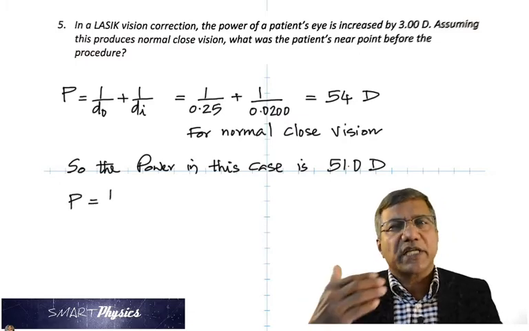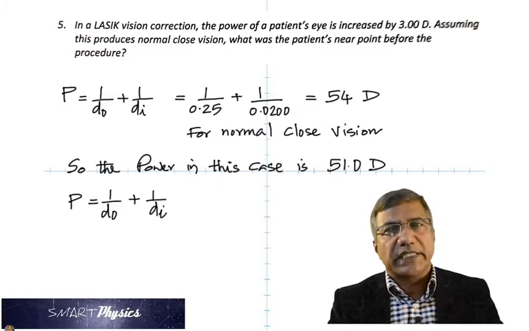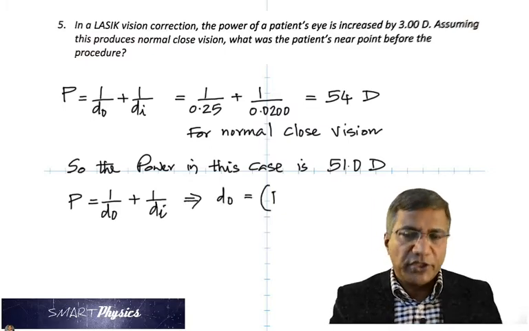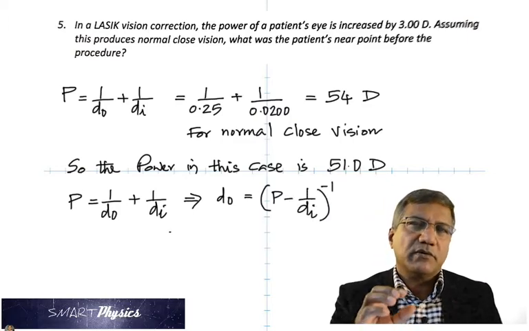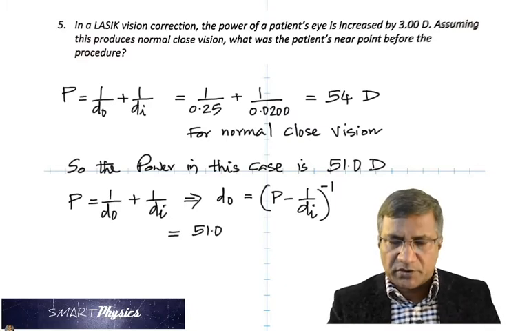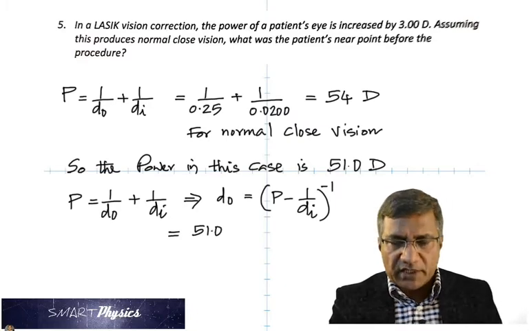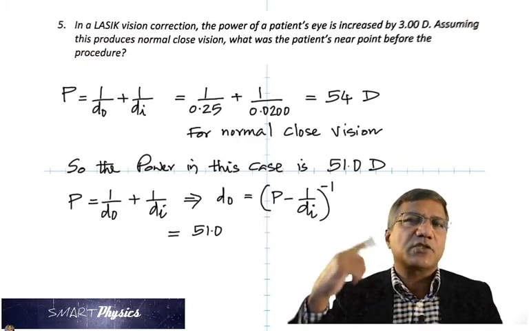So now we can once again use the same idea, and we can find what his near point was. So we are looking for DO now, and I just made DO the subject directly, but you need to see what I did. Instead of writing 1 by DO, I just wrote DO is equal to P minus 1 by DI raised to -1.